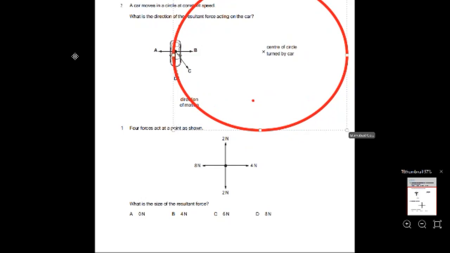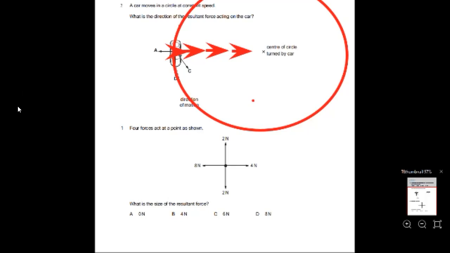Now the force which is responsible for its motion along the circle is the centripetal force. The centripetal force is always directed towards the center, and it is responsible for the motion along the circular path. So the option is already marked. You can match. Okay, let's move to the next one.